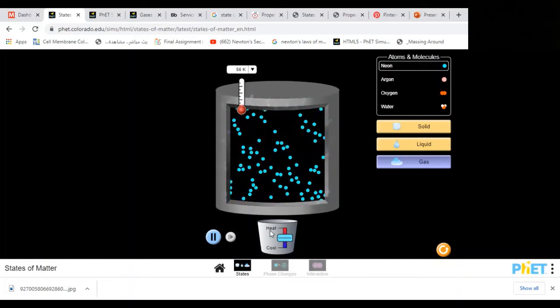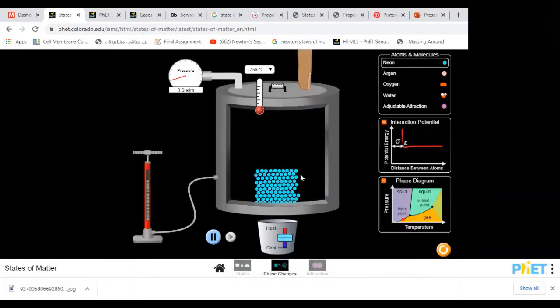so you can compress them in a smaller space. Like here, if I wanted to make it like gas, okay, here I'm skipping something, but I just wanted to show you something. So I'll keep heating it till it becomes gas.